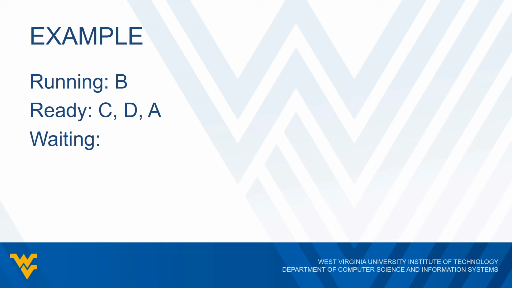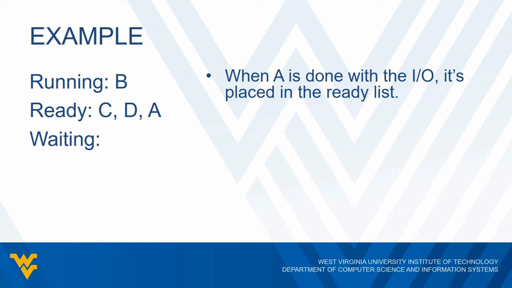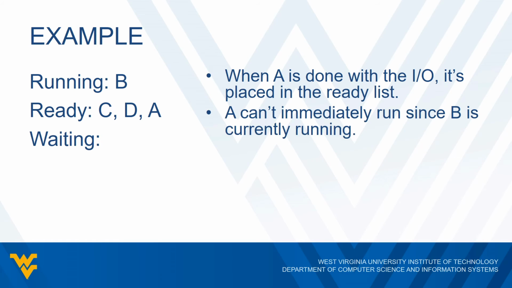Now, at some point, the I/O operation that A started will finish, and then the I/O completed interrupt signal will be generated. So this means that A will now be ready to run, but the problem is A can't immediately run because B is currently running. We can't just say that, okay, B, you get out, and then A goes back in.